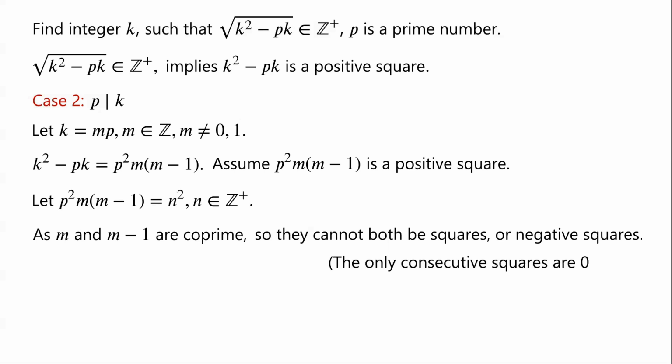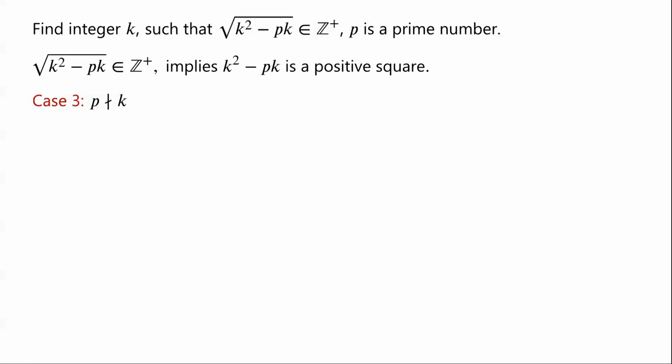Note that the only consecutive squares are 0 and 1. But as m does not equal 1, so m and m minus 1 cannot be 1 and 0. Therefore, m and m minus 1 cannot both be squares, or negative squares. This implies that the equation has no solutions. So p cannot divide k.